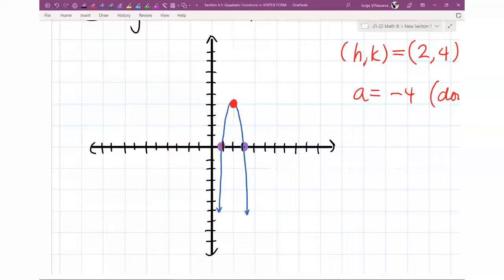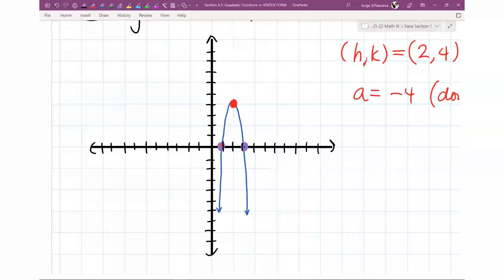Drawing these pictures does not take long, and even faster for you guys because they're going to give you 4 options. You just got to look at which one it is that's right. You're going to look for which one has the right vertex, which one's going the right way, and just check the first 2 points, right? Down 4, over 1, which one matches up, and then you're done. It can be a lot faster.